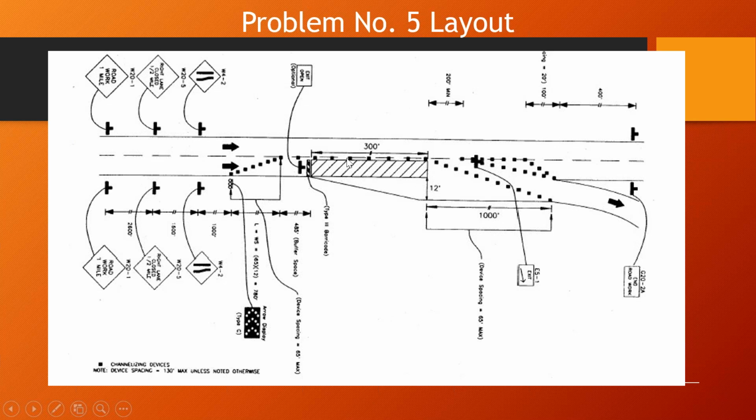There's our work area, and once we get past the work area, we see the exit sign clearly marked, and it shows the placement of our cones and drums, and then the end road work sign as well on both sides of the road once they get past it. So that's how we would do that.